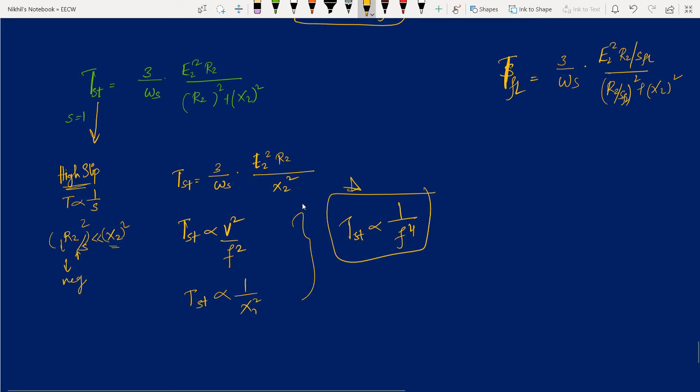At full load condition, what does it specify? NR will be less. If NR is less, slip will be high, isn't it? So here also you can approximate in the same way and you will get the same conditions. So S FL represents the full load torque condition.